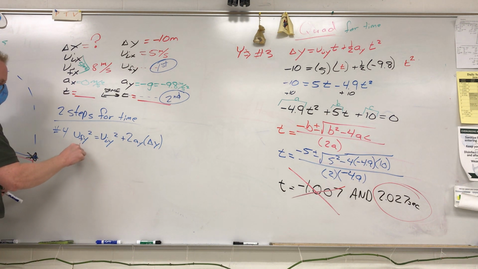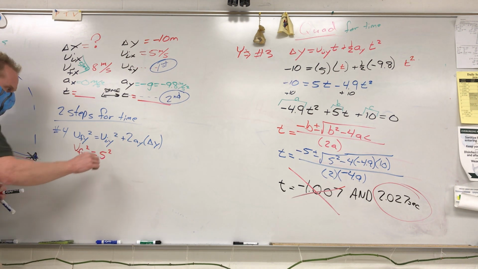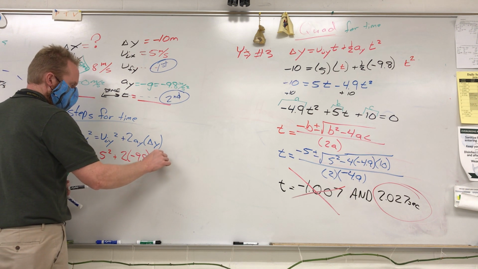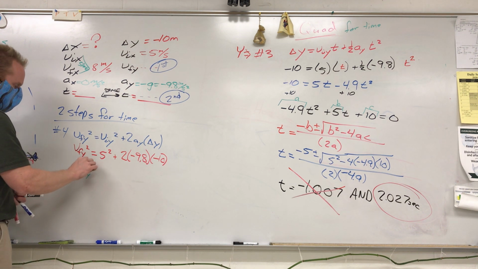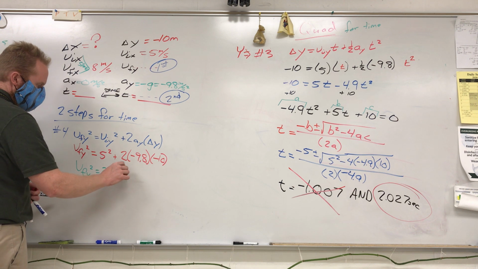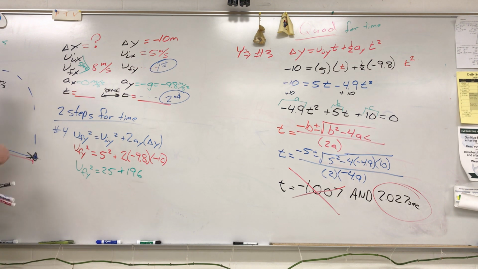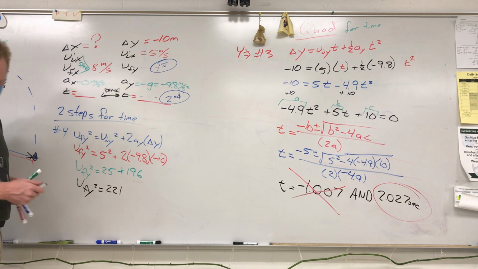My final velocity in the y direction squared is equal to 5 squared plus 2 times negative 9.8 times negative 10. So my VFY squared is equal to 25, that's 5 squared, plus 196, which is 2 times negative 9.8 times negative 10. My VFY squared is equal to 221.